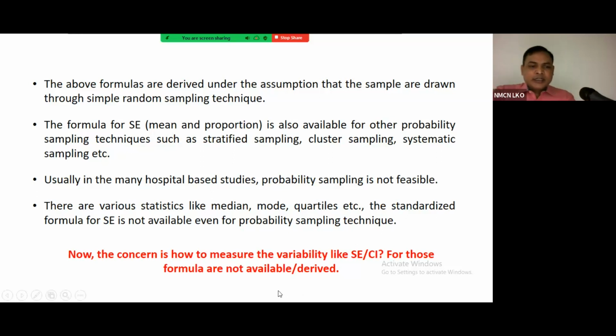There are also various statistics like median, mode, quartile, etc. The standardized formula for standard error is not available for them even for the probability sampling techniques. Now the concern is how to measure the variability, like standard error or confidence interval, for those where the formulas are not available or not derived.